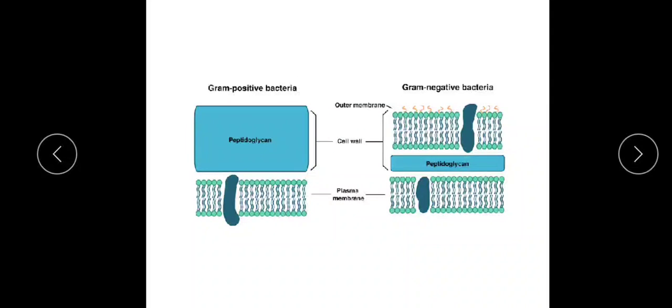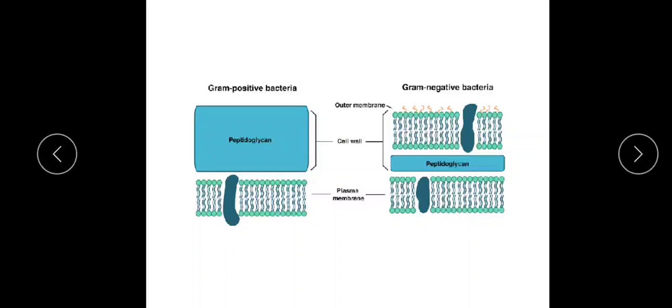And this teichoic acid has three main roles. First function is that teichoic acid binds the peptidoglycan layer with the underlying plasma membrane. It keeps a link between these two. The second function is that it regulates the action of autolysins.